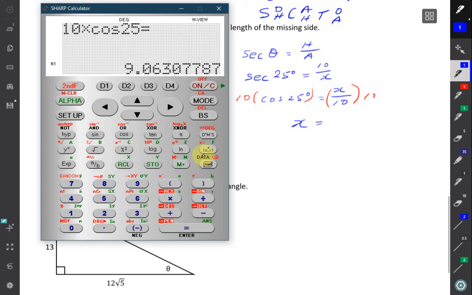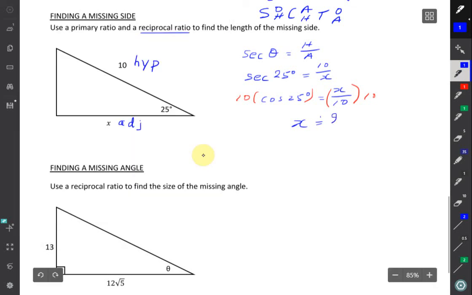That gives us 9.1. So the length of that side is 9.1. So now we've satisfied both of these. We started with a reciprocal function. We had to switch it to a primary function in order to solve it.